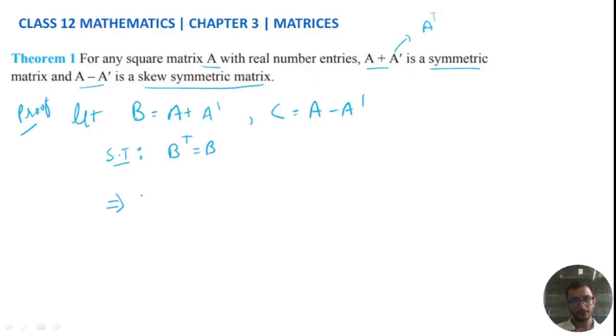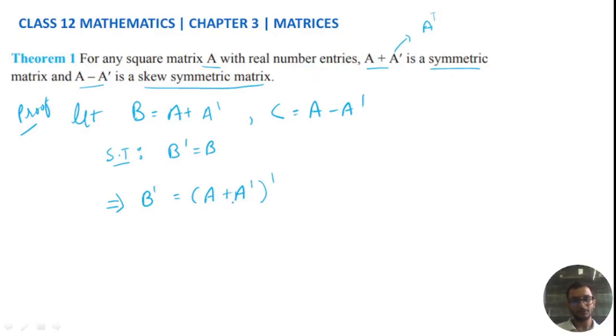B transpose will be the transpose of A plus A dash. Let me change the transpose sign to dash. Wherever I used T previously, you should write it as dash, because in NCERT they wrote dash, not T. So it is (A plus A dash) whole transpose, because this is B, right?